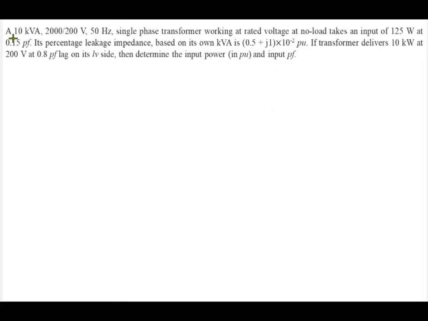So the question says a 10 kVA 2000/200 volt 50 Hz single phase transformer working at rated voltage at no load takes an input of 125 watt at 0.15 power factor. So under open circuit condition, that is no load condition, the power that is consumed by the transformer is POC, it is 125 watt, and the power factor at this condition was phi naught at open circuit, it is 0.14.